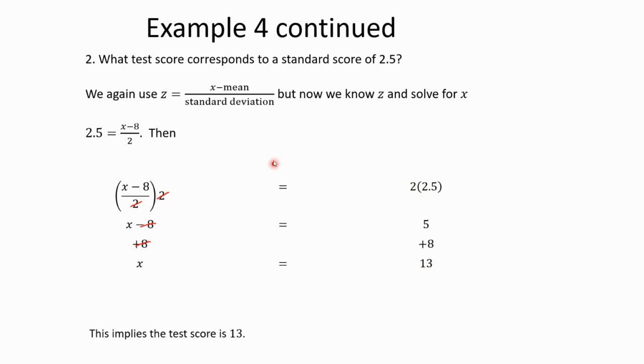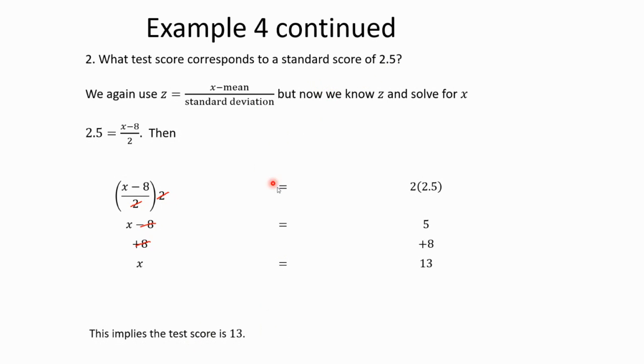So a test score of 13 corresponds to a standard score, a z-score that is, of 2.5. And again, that's a data value that's 2.5 standard deviations to the right of the mean.